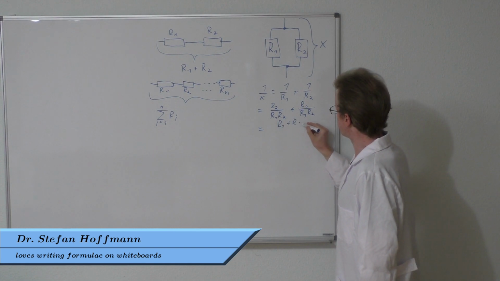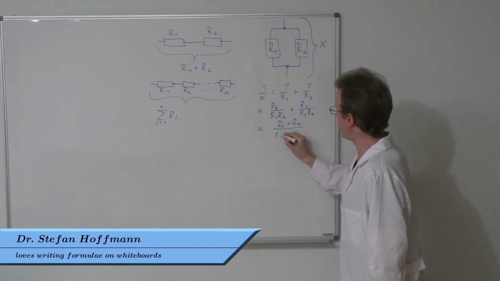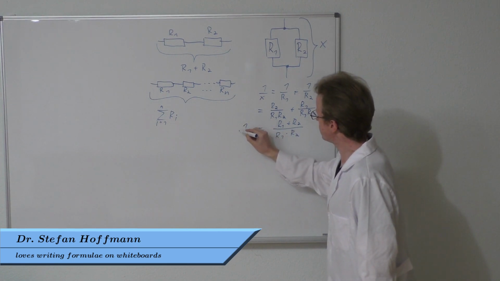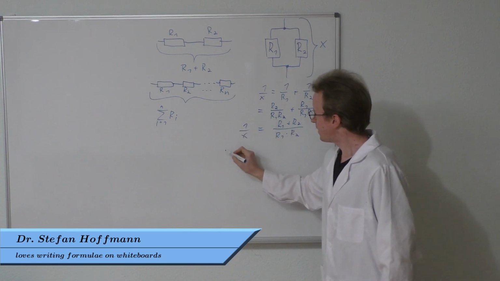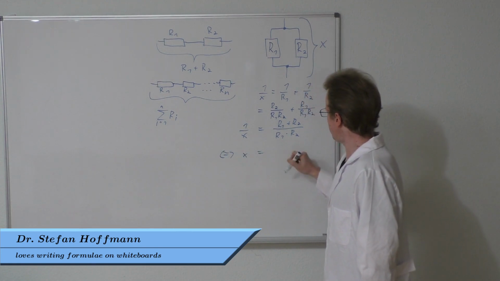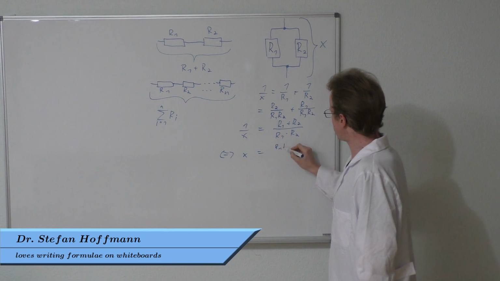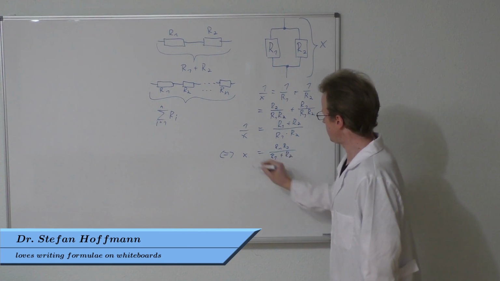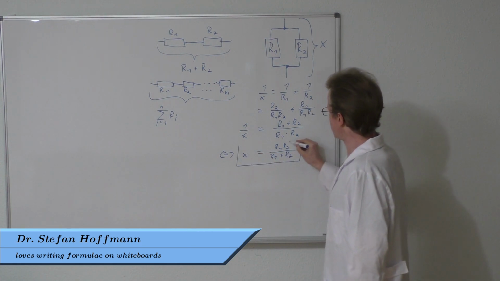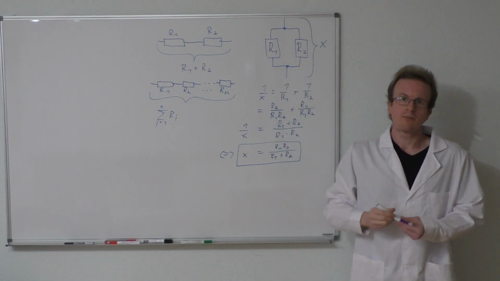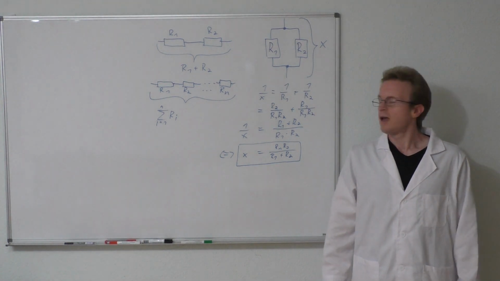R1 plus R2 divided by R1 times R2, and this is 1 divided by X, and of course this equation is equivalent to X equals R1 times R2 divided by R1 plus R2. So this is how you figure out the resistance of 2 resistors in parallel. And that also works for an arbitrarily large number of resistors.